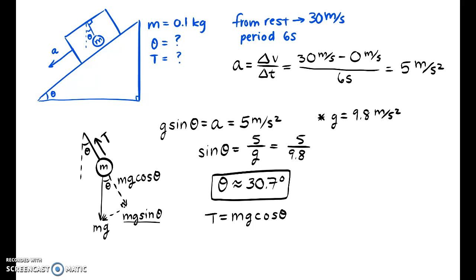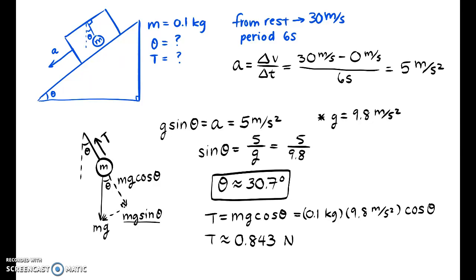Now that we've calculated theta, we can plug in the numbers. We have 0.1 kilograms times g, which we take to be 9.8 meters per second squared, times cosine of theta, which we calculated earlier. If we put this into our calculator, we find that T is approximately 0.843 newtons.